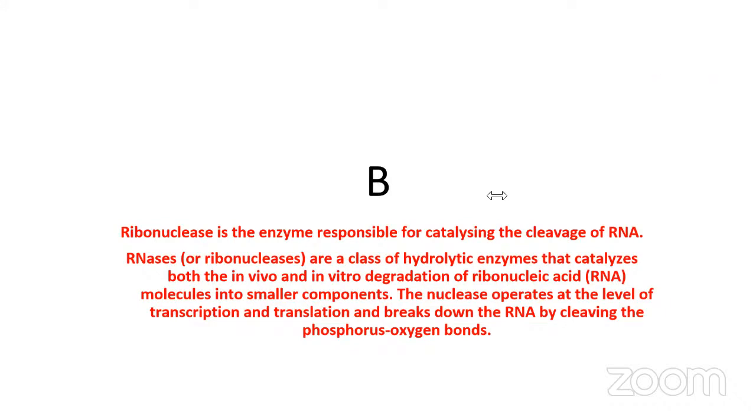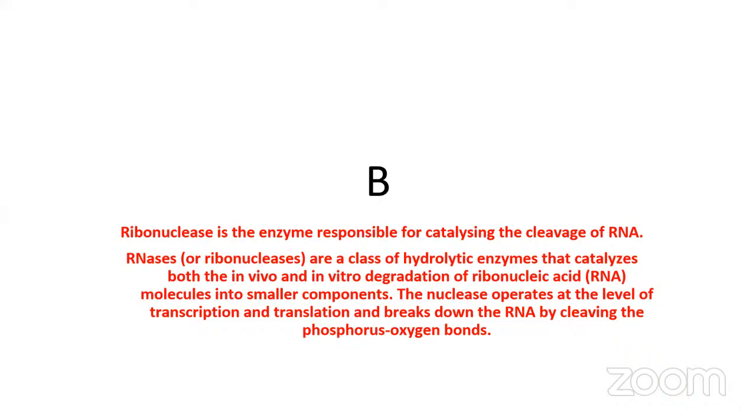Ribonuclease is the enzyme responsible for catalyzing the cleavage of RNA. RNases are a class of hydrolytic enzymes that catalyze both the in vivo and in vitro degradation of ribonucleic acid molecules into smaller components.